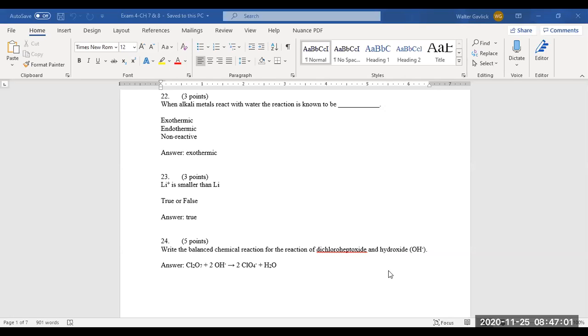So if you used another resource to get what the reaction was, but had, say, a sodium in front of the hydroxide or a sodium in front of the perchlorate, you lost points because that wasn't part of the question. So the answer is you form two perchlorate ions plus water.